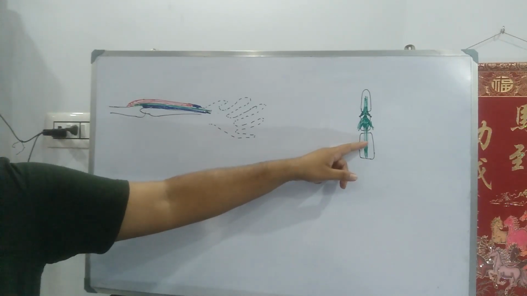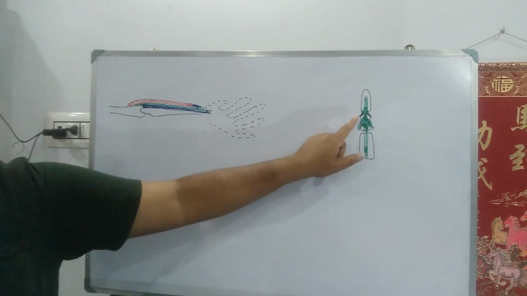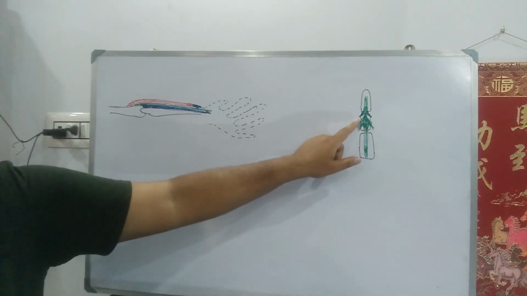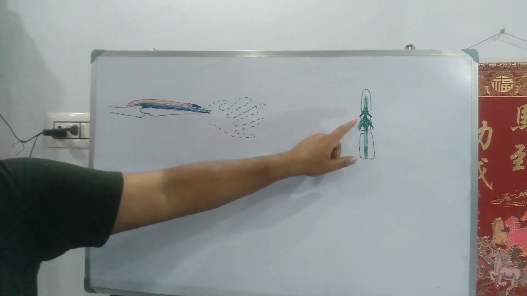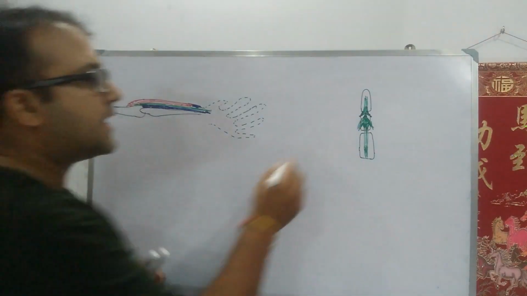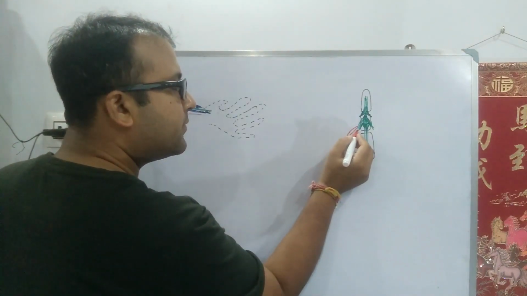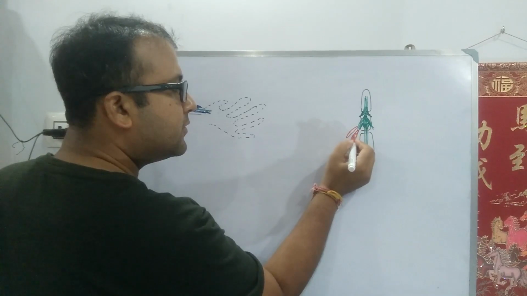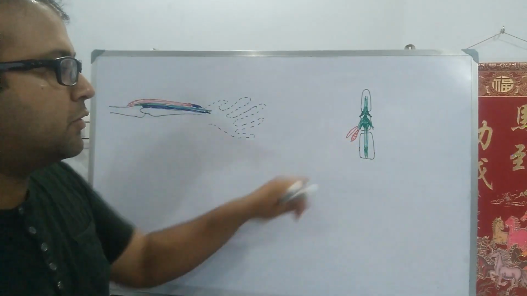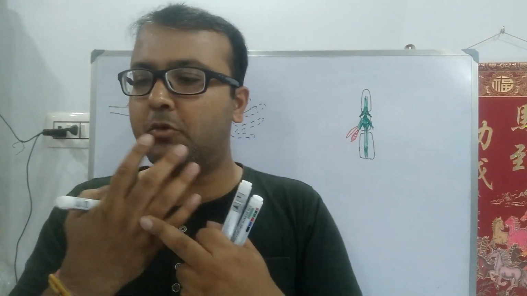Now, do you realize that this is a flat portion which is connected to two types of muscle over here? One muscle is present in between the bones.